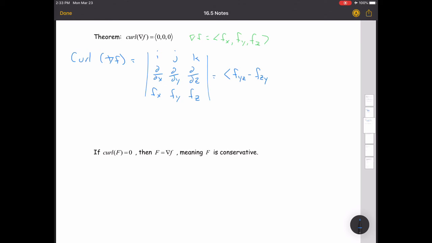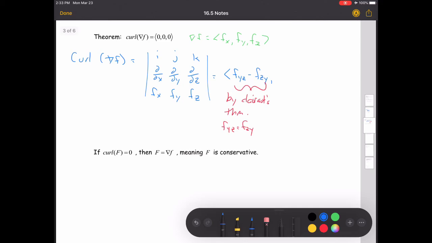Well, if you remember, before we get to the rest of these, by Clairaut's theorem, the two partials are the same. fyz equals fzy. If that's the case, when we subtract those things, we're going to get 0. The same thing is going to hold true for each one of these pieces.